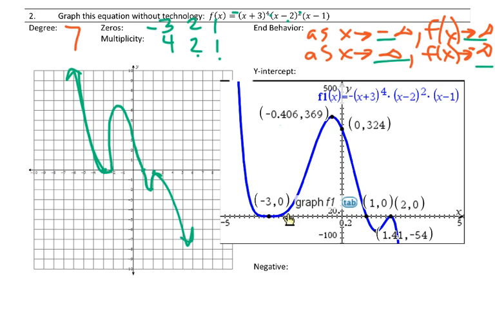So here's what it looks like, okay? So as we go left, we go up, we come down, we hit that negative 3. See how it flattens out, jumps back up, comes back down, okay? Then crosses at the 1, dives back up, hits, and then keeps going down. So yeah, decent job, didn't we?